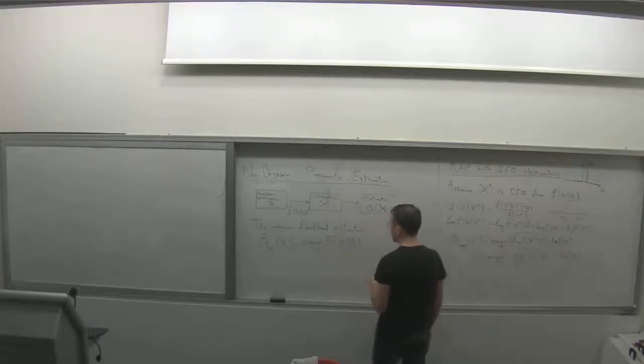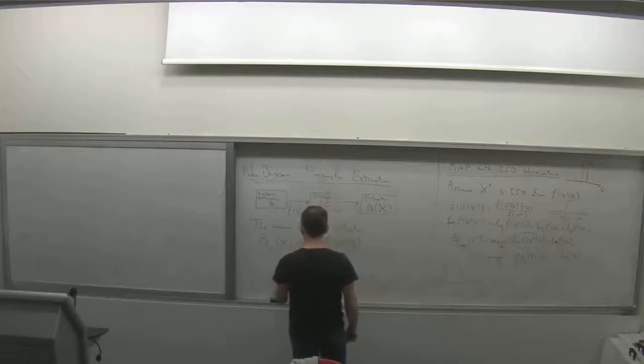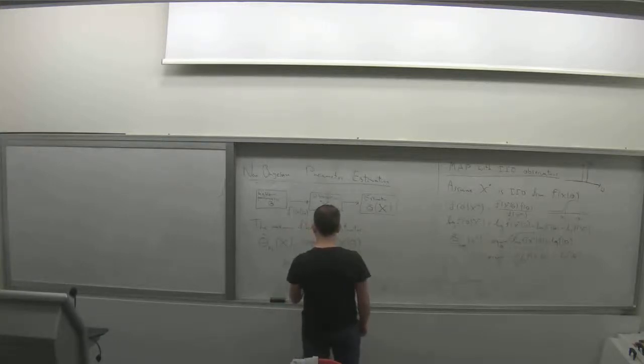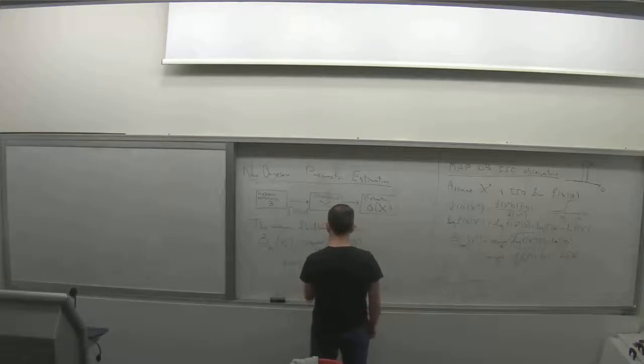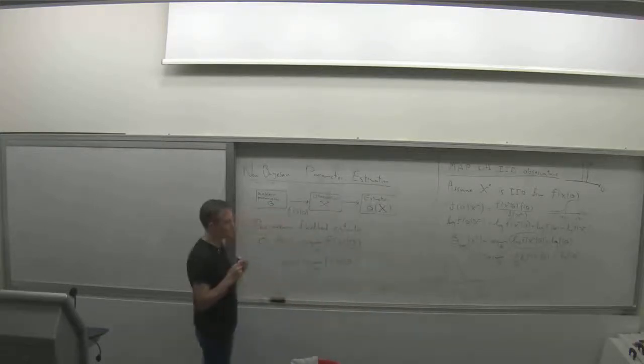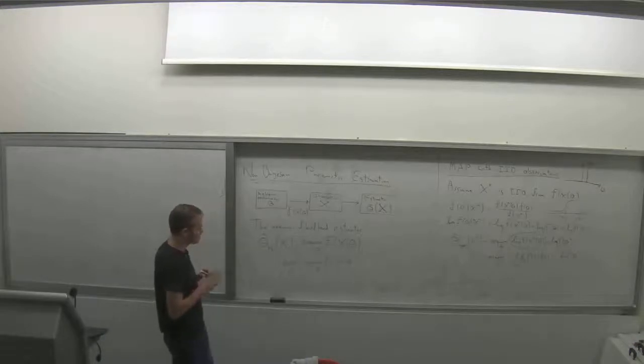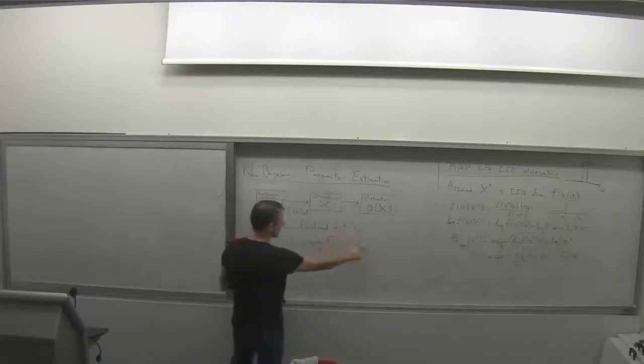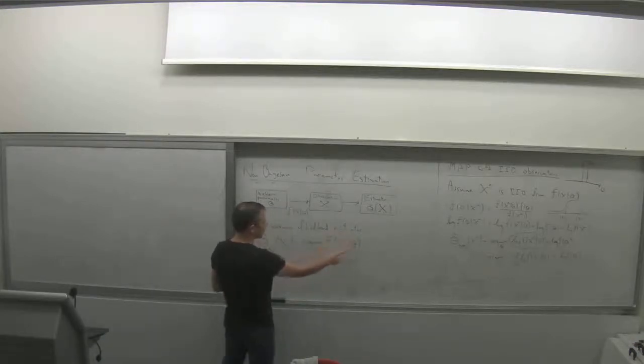This is for continuous x; if you have a discrete x, it's the argmax over theta of p of x given theta. Okay? And this thing here is called the likelihood function.